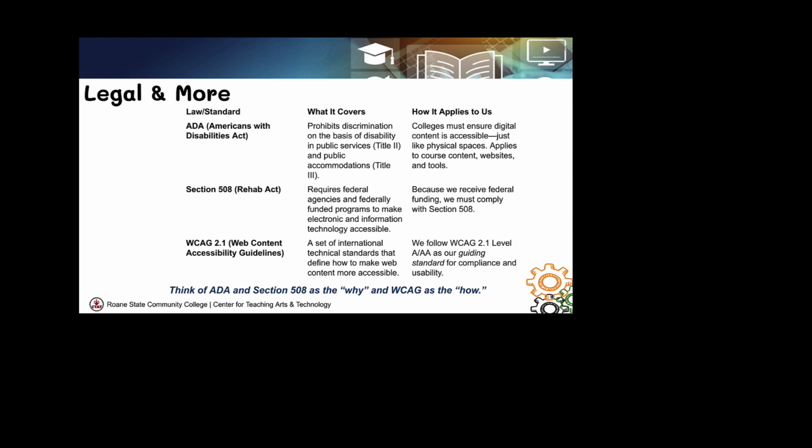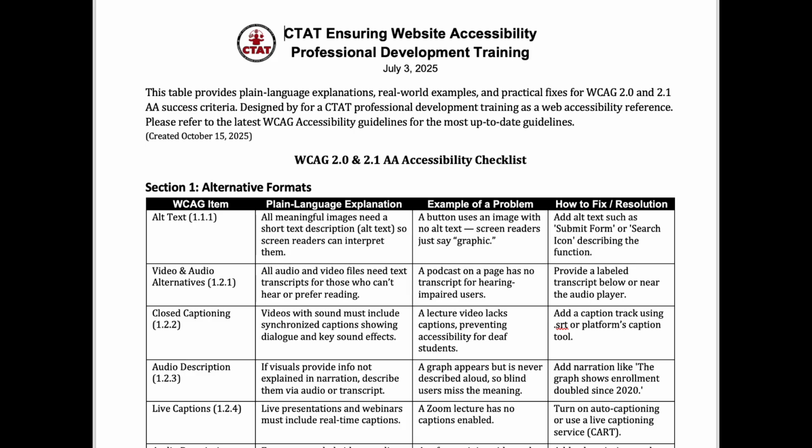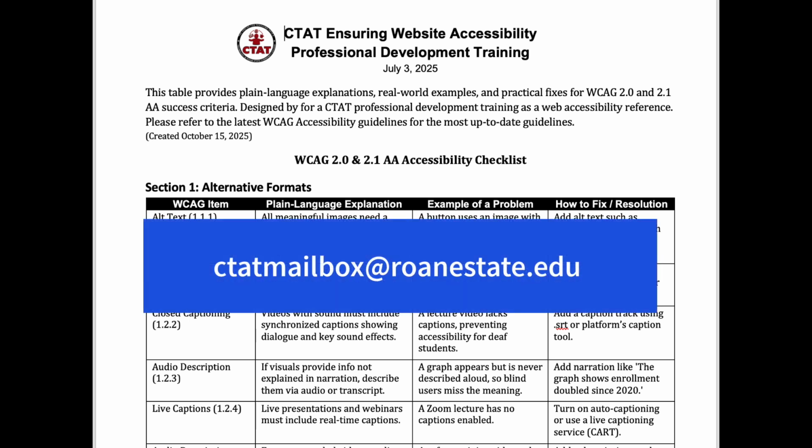Clear structure, readable text, and inclusive design. We've developed a reference guide for you with the WCAG standards, along with real working problem examples and proposed solutions to those situations. We'll be happy to share a copy of this guide with you if you would like. Just send us an email at ctatmailbox@runstate.edu or check our website for it.